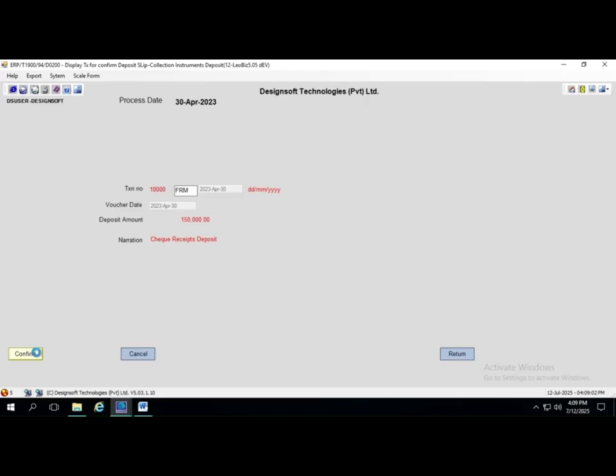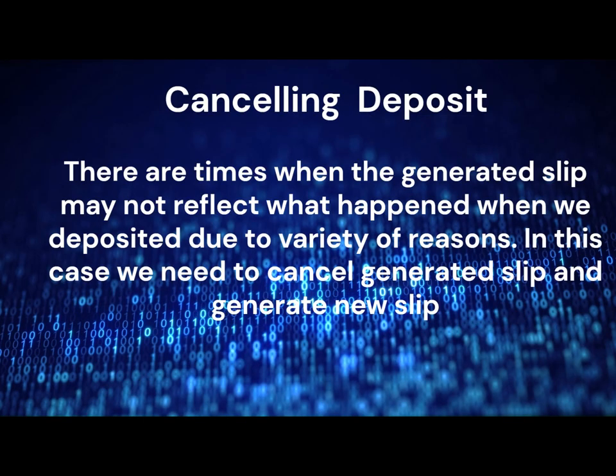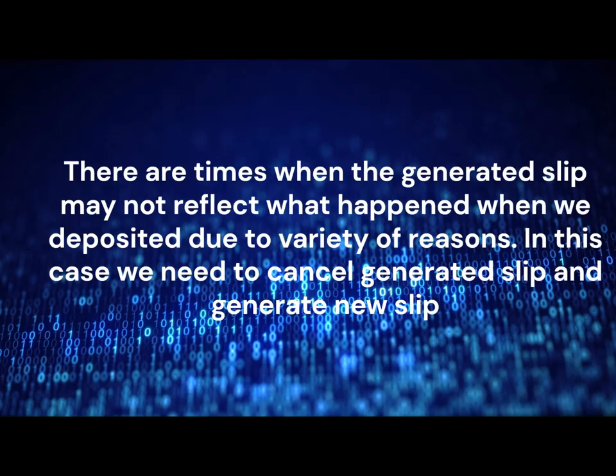In the bank ledger, both the deposit date and value date will be present, and the bank reconciliation value date will be used. There are times when the generated slip may not reflect what happened when we deposited, due to a variety of reasons. In this case, we need to cancel the generated slip and generate a new slip.